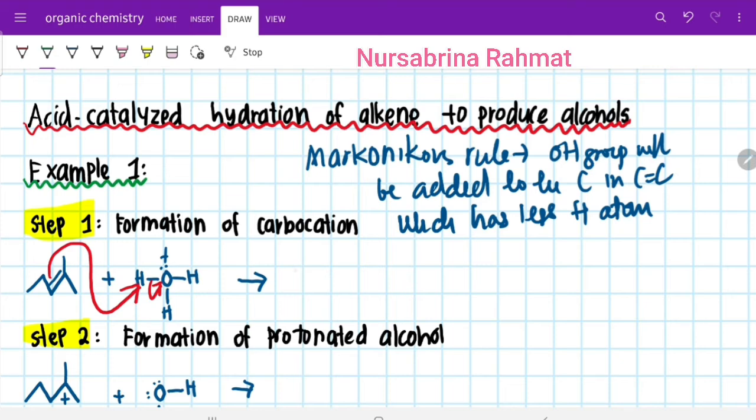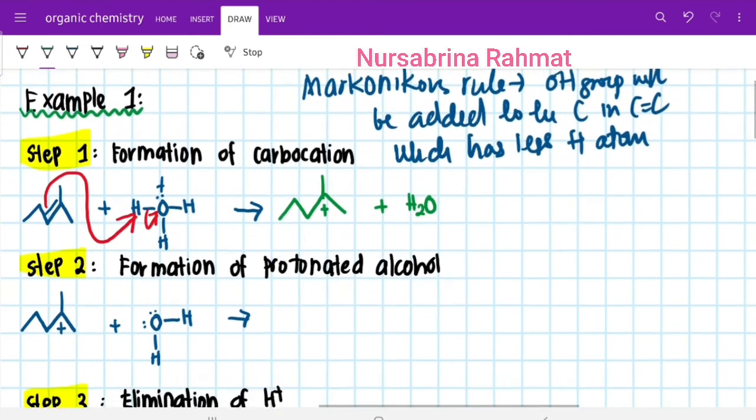So we are making a carbocation and eliminating water, plus H2O.